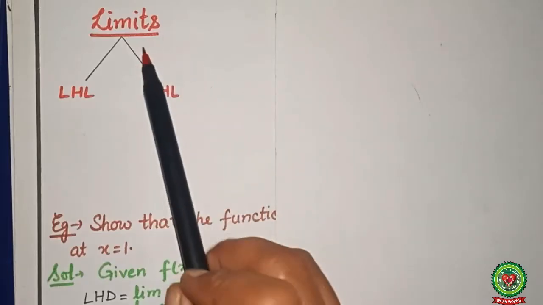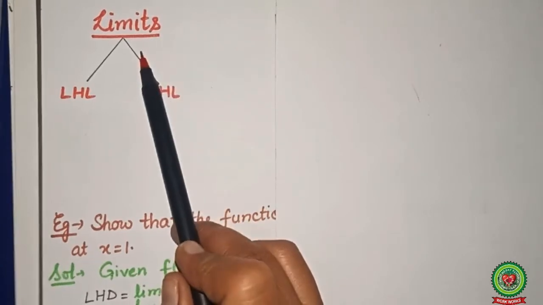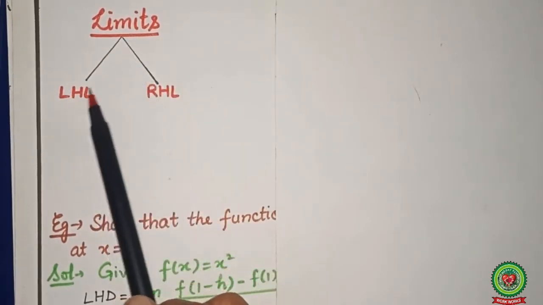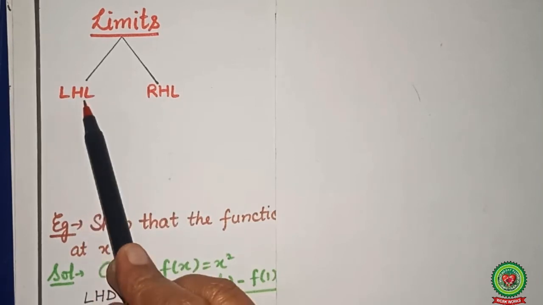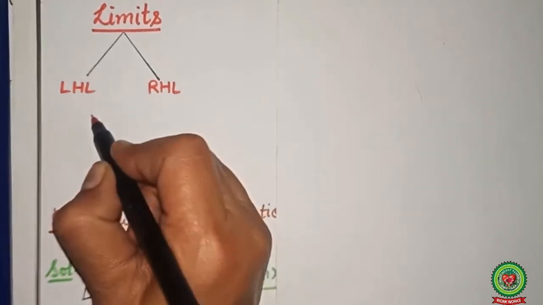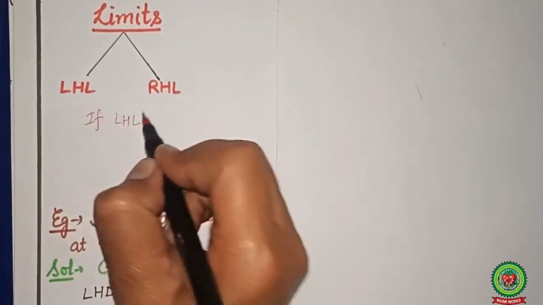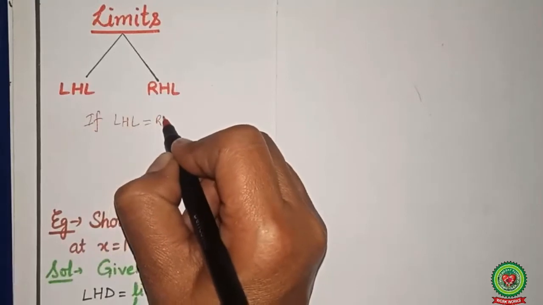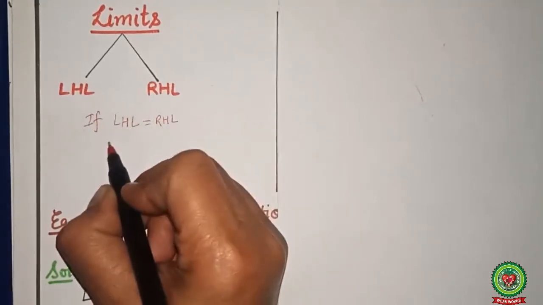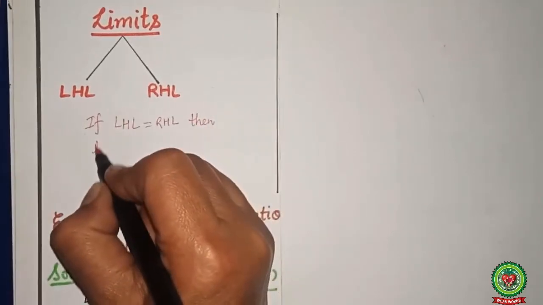First of all, let's discuss limits. Students, you have seen that in limits, we always calculate two limits, that is left hand limit and right hand limit. And if both the limits are equal, that is left hand limit is equal to right hand limit, only then the limit exists, otherwise the limit does not exist.